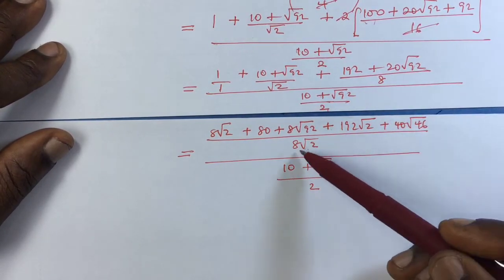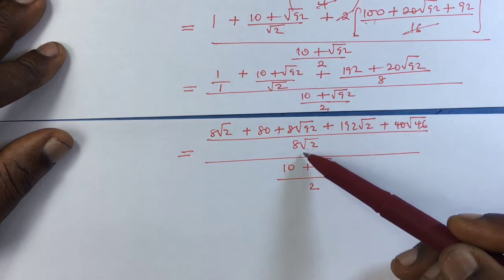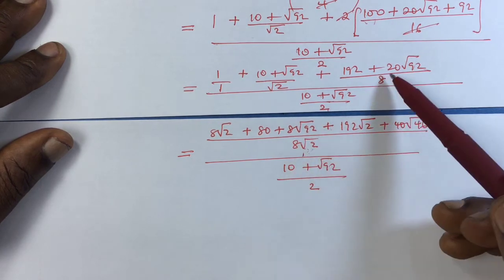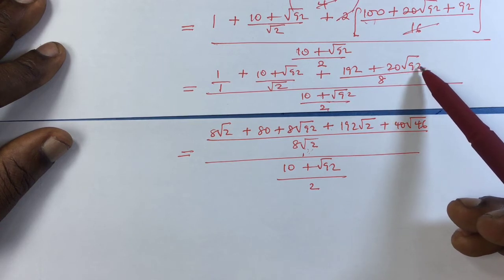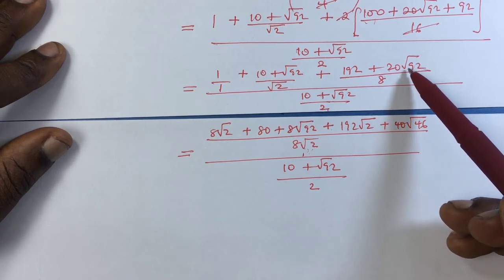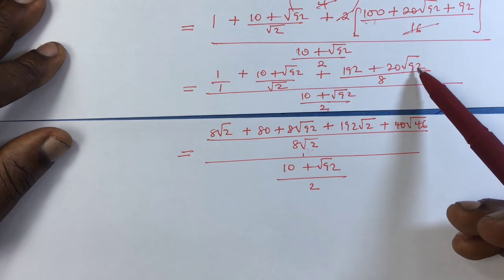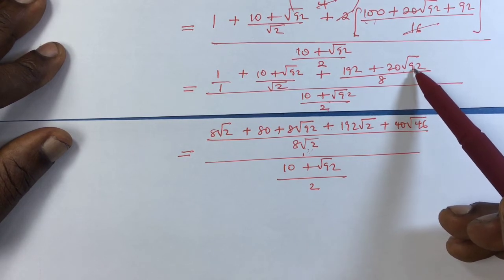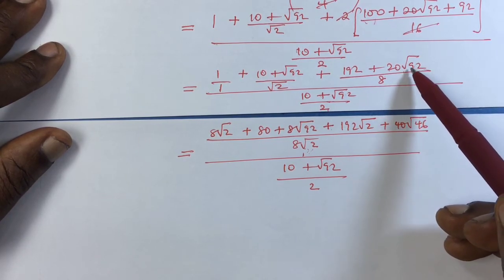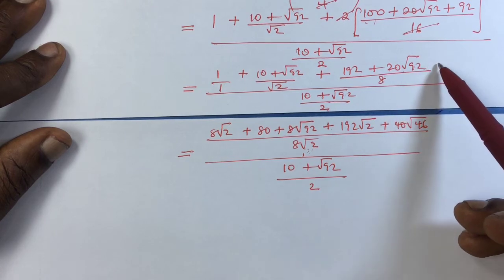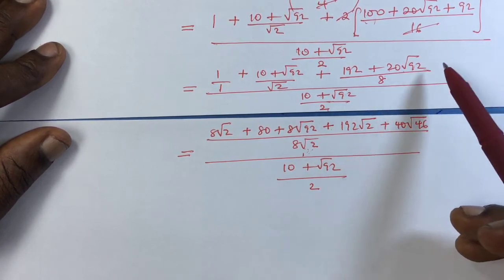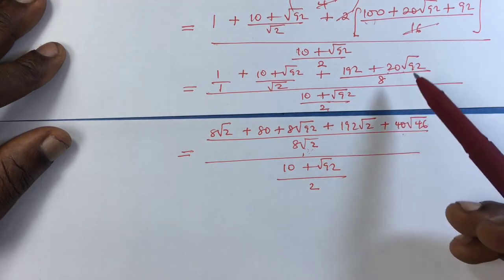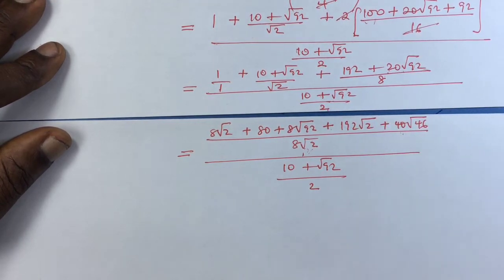If 8 goes into 8 root 2, it will give you root 2. 20 root 2 times root 92 will give you 40 root 46. Why? In this 92 lies 46 times root 2. And if that root 2 multiplies the other root 2, that will give you 2. That 2 you get will multiply 20 to give you 40, leaving you with 40 root 46.